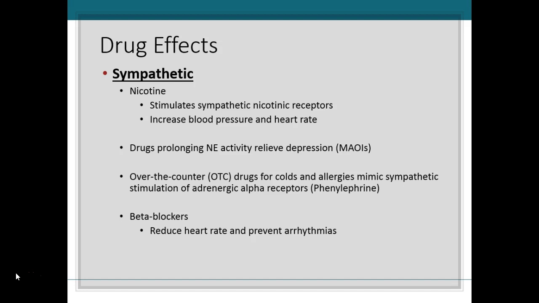So if you take a drug that binds to those receptors, therefore blocking the beta receptors from binding neurotransmitters, then that is going to, of course, reduce that heart rate and can help prevent arrhythmias, so irregular heart rate.